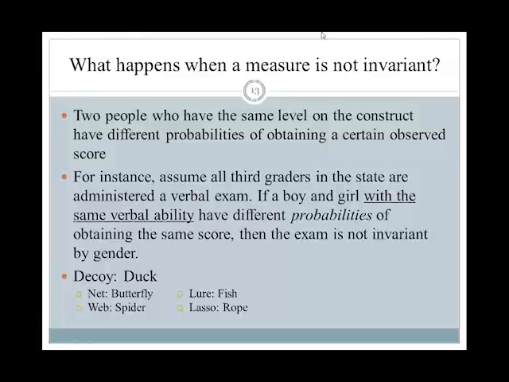So one example of this comes from a verbal exam, where it's one of those analogy questions that we all had to take on the SAT or the GRE, where we have: decoy is to duck, as A, net is to butterfly, B, web is to spider, C, lure is to fish, and D, lasso is to rope. So before I learned about this question, I had no idea what a decoy was in the context of a duck.